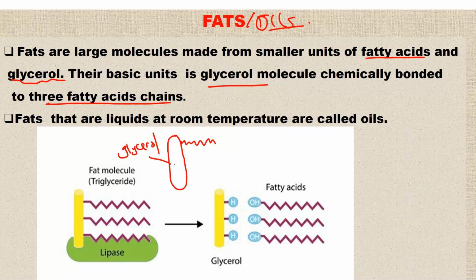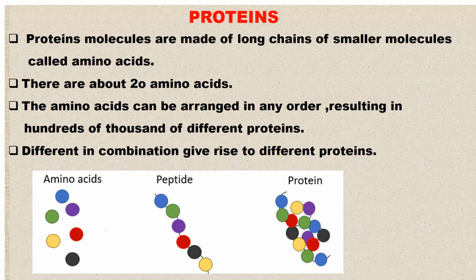Then attached to it are fatty acids. Now, we are told 3 fatty acids make up 1 fat. So this is also a fatty acid and also another fatty acid. So in other words, a fat is made up of 1 glycerol and 3 fatty acids. Okay, so these are the basic units. Very important that you understand this.